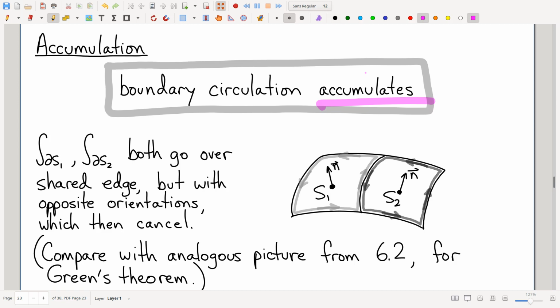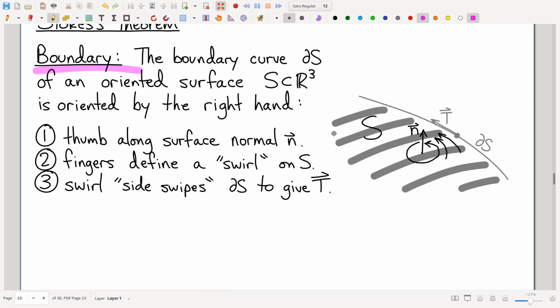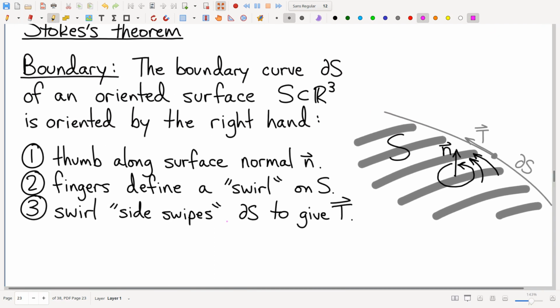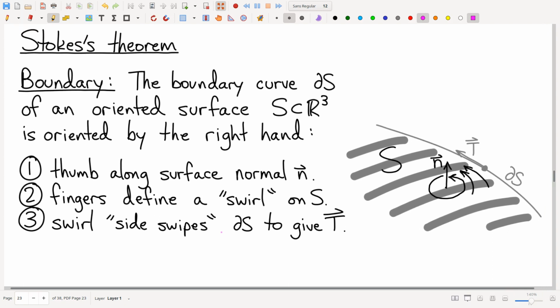Okay, so let's not get ahead of ourselves. Let's do all the appropriate setup. First, let's talk about what boundary orientations are. Again, this is arbitrary, but arbitrary doesn't mean a free-for-all. It's arbitrary, but it's standard, so not optional.